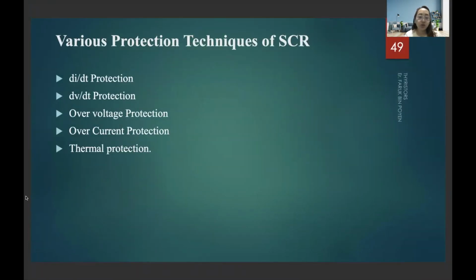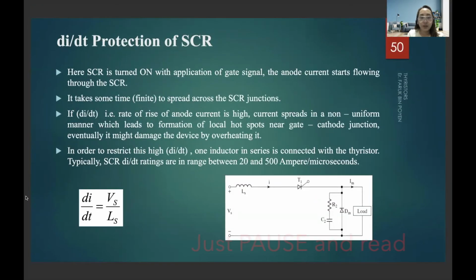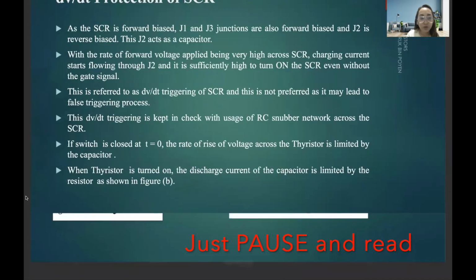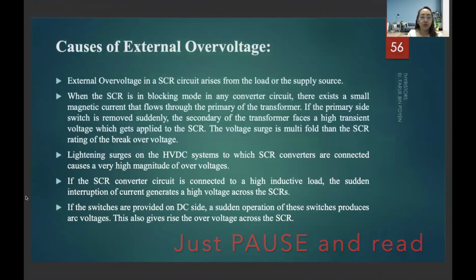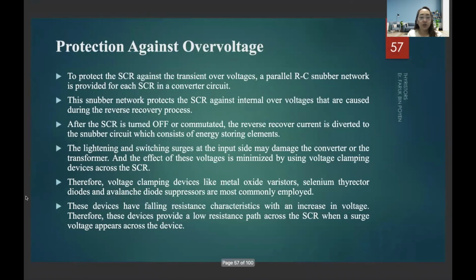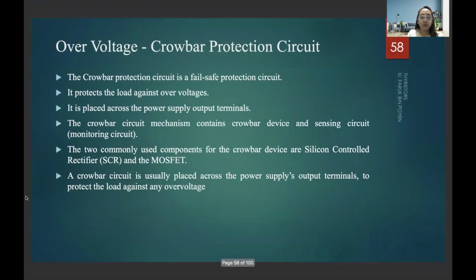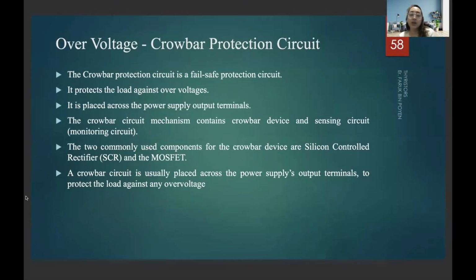Protection: di/dt protection, dv/dt protection, overvoltage protection, overcurrent protection, and thermal protection. Current rate protection, voltage rate protection, snubber circuit, overvoltage protection, causes of external overvoltage, protection against overvoltage, overvoltage protection circuit.